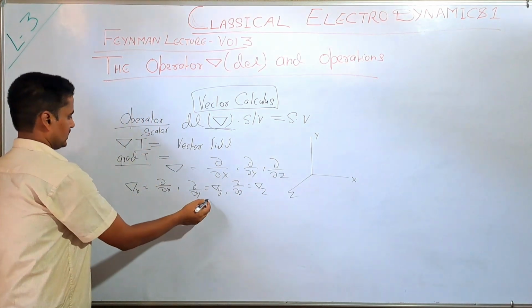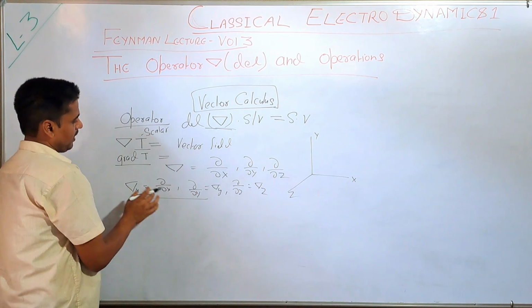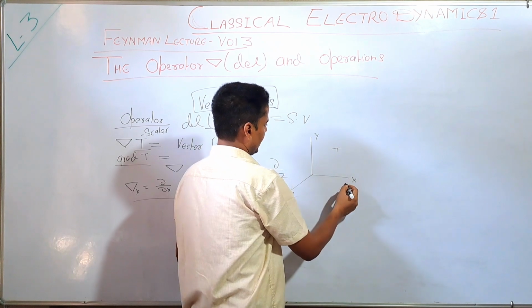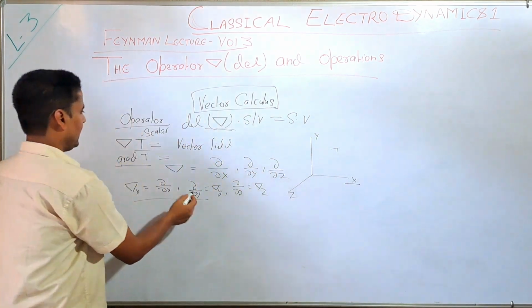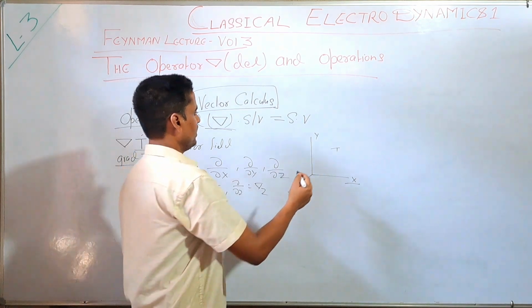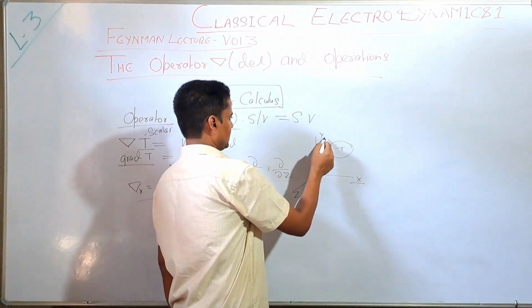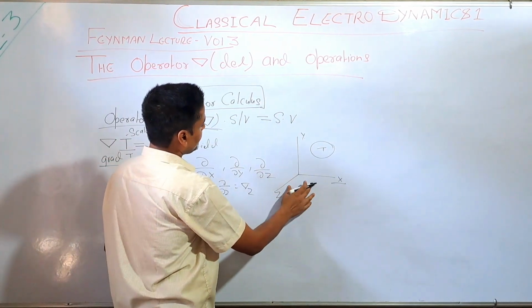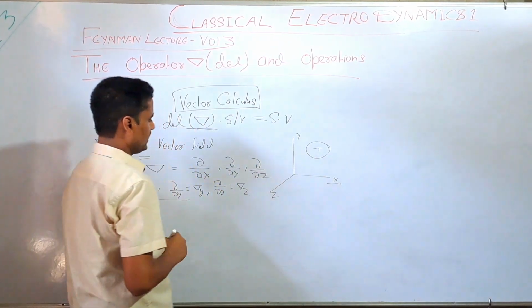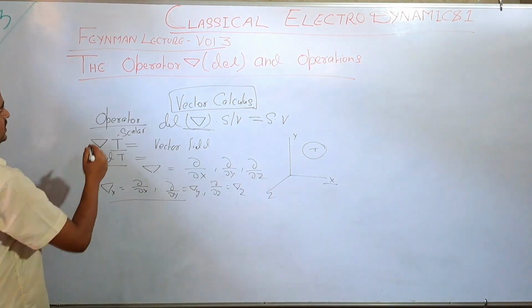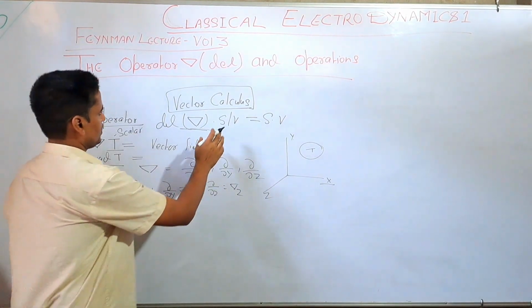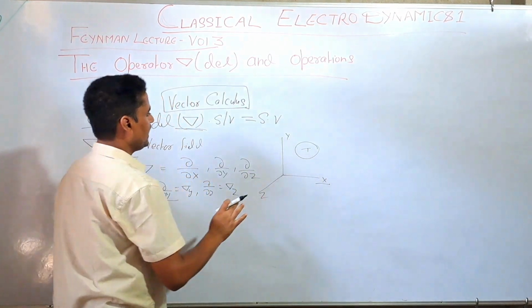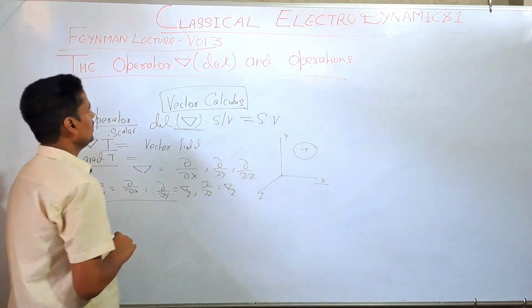It tells what del by del x is: it is the rate of change of some field T in the direction x. Same way, del by del y is the rate of change of some field in the direction y. Same way, del by del z is the rate of change of some field in the direction z. So this is the meaning of this del operator. It operates on something, and it tells the rate of change of some field in a specific direction.